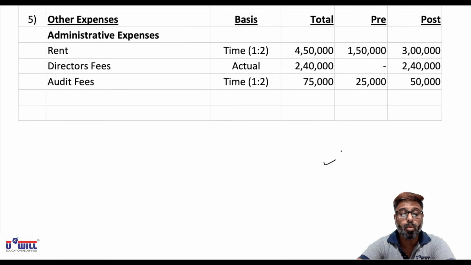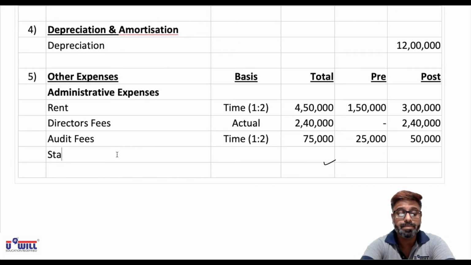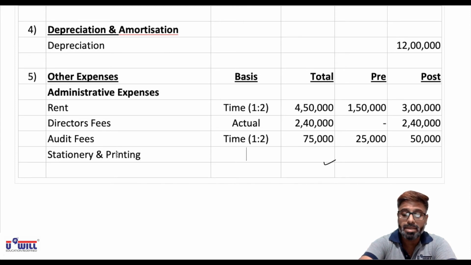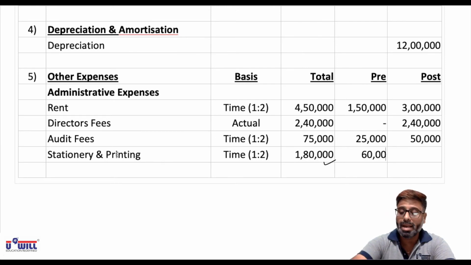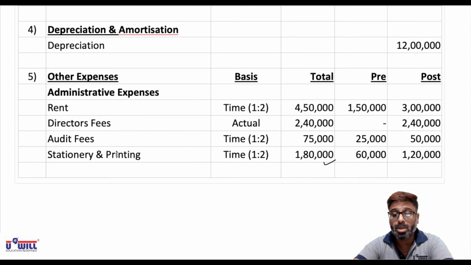Stationery and printing 1,80,000. Time basis 1:2, 1,80,000 into 1/3, 60,000, and 1,80,000 into 2/3, 1,20,000. Now what is the total amount of administrative expenses?